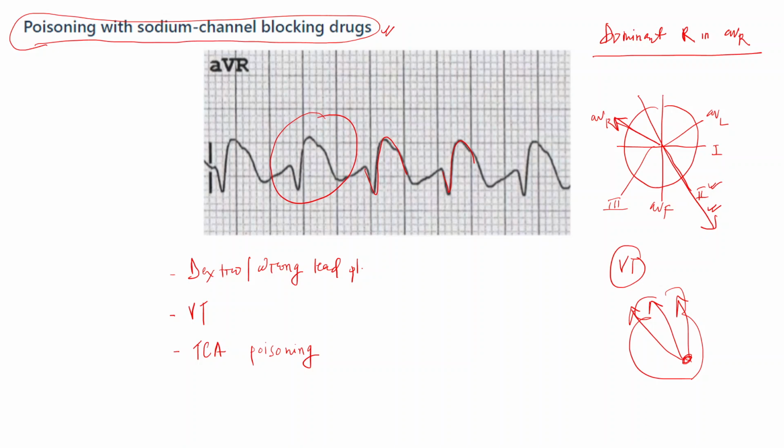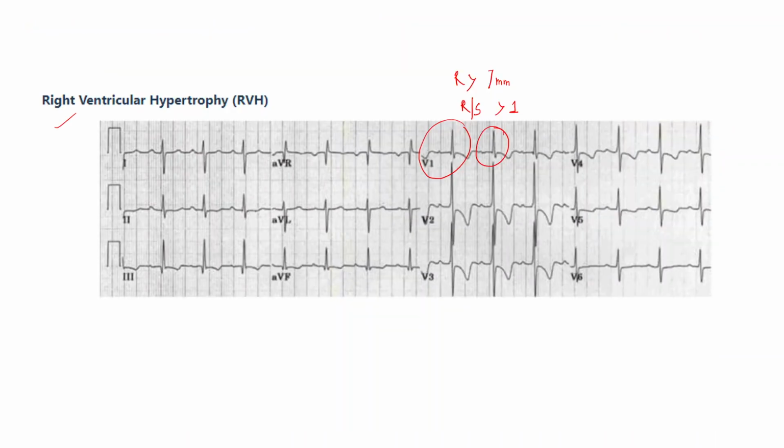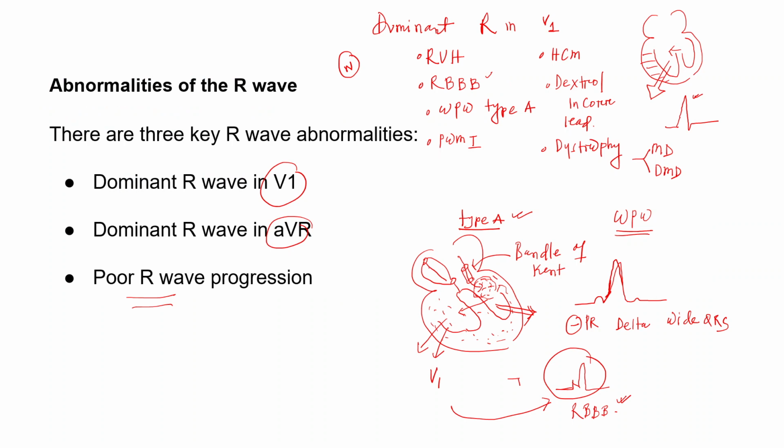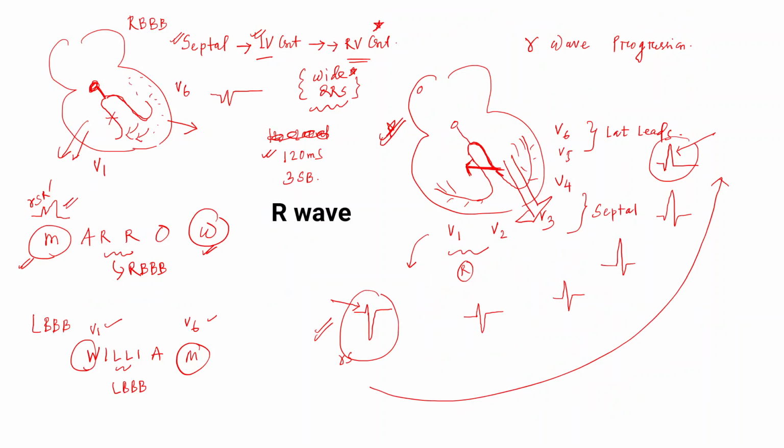Coming to the next section, the third one is poor R wave progression. Before understanding poor R wave progression, you must know what normal R wave progression is, which I have already told you in the beginning of this lecture. This is the normal R wave progression.